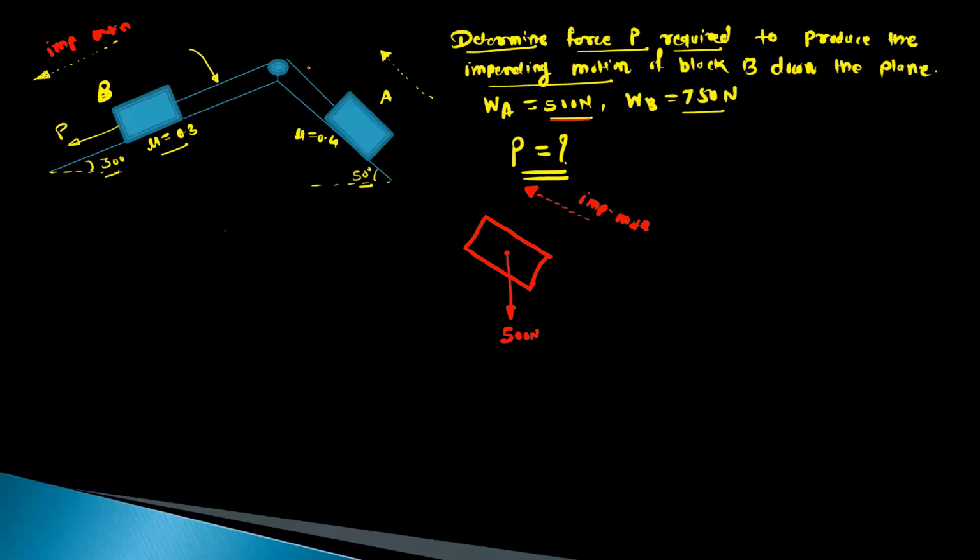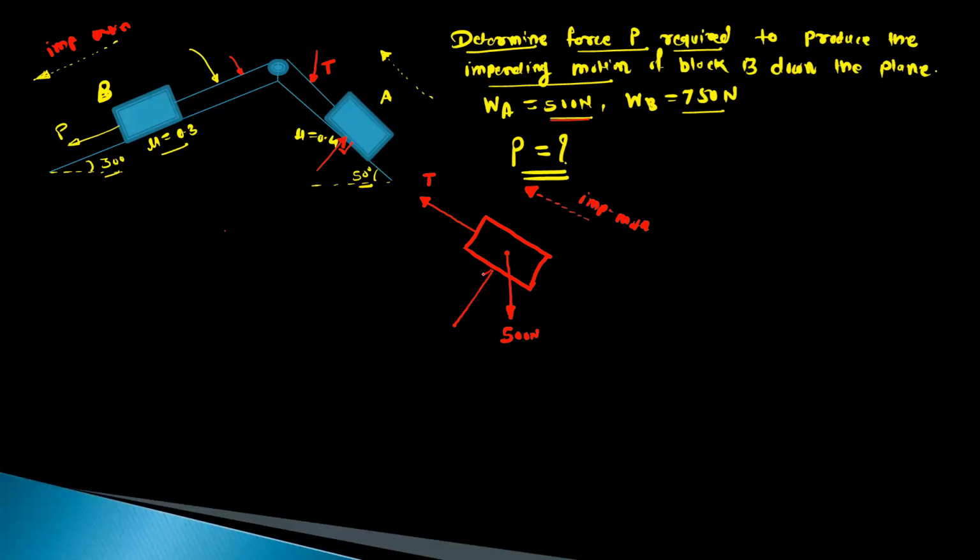Then the second force is the tension in this cable. This tension will be the same on the other side of the pulley. We will assume this tension as T, and it is exactly parallel to the plane. And there will be a normal reaction, which is perpendicular to the inclined surface.